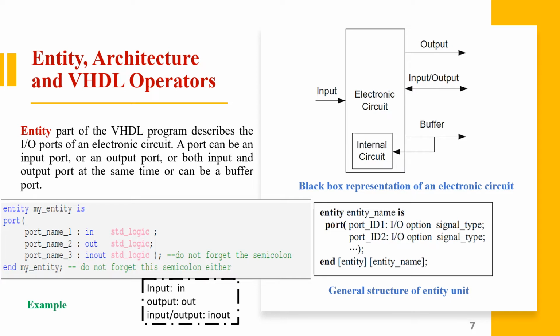After that, the type of port, std_logic. For the next one, the name of the port is port 2, and colon, the kind of port is output, and the type is std_logic. So write out std_logic. The next one is inout. Inout means both input and output.